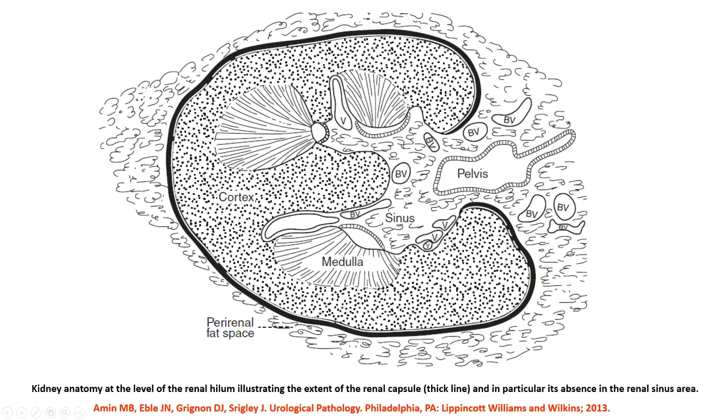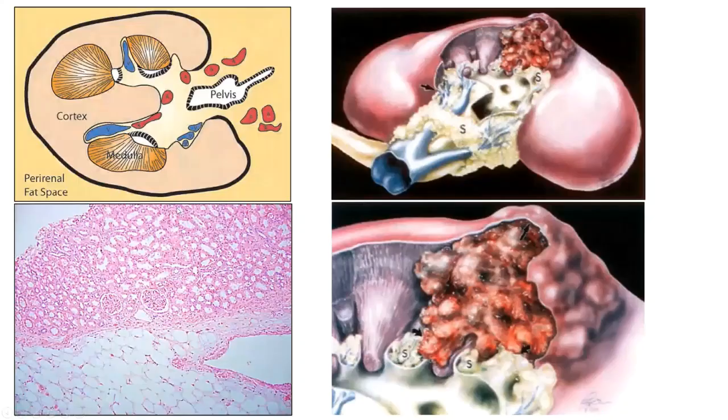The same fact I've already said: as you can see, this thick dark blackish condensation of the renal capsule is missing in the region of the renal sinus, and you have direct access of the renal medullary pyramids at the papilla into the renal sinus, and the pelvic calyceal system is also situated within the renal sinus. The same illustration shows the histological correlation.